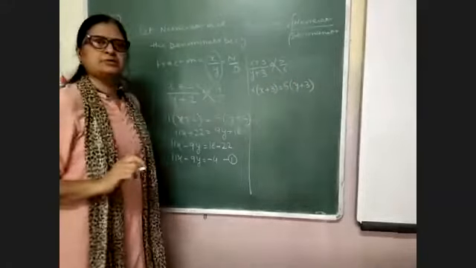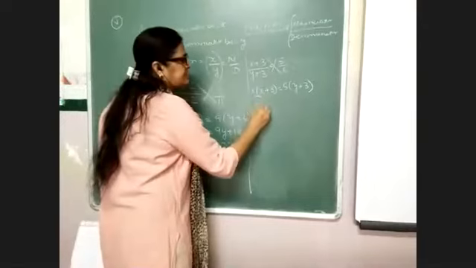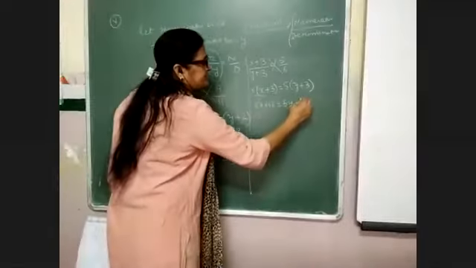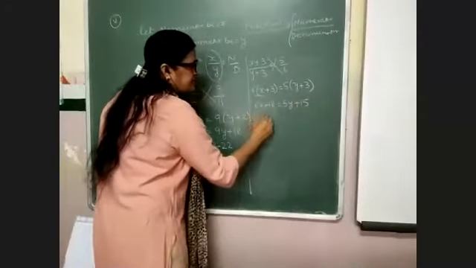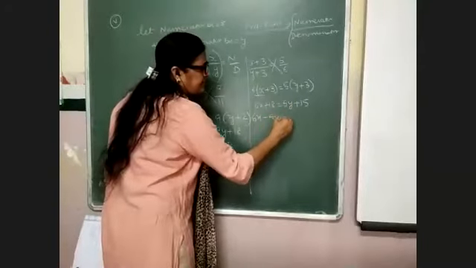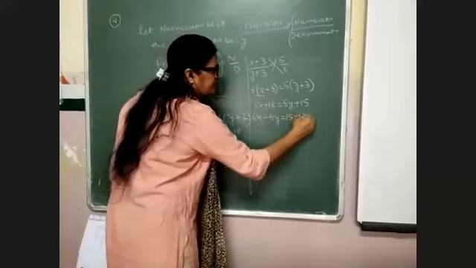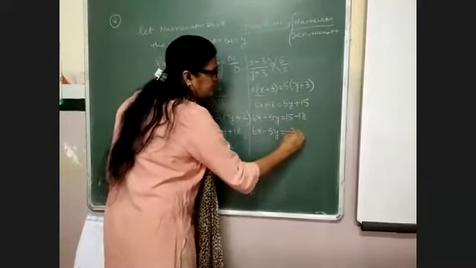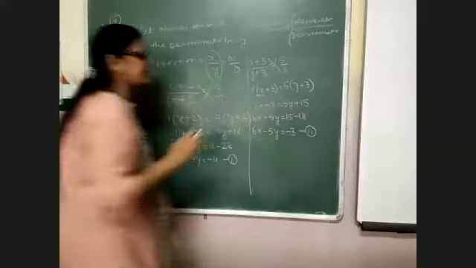So 6x plus 18 equal to 5y plus 15. So 6x minus 5y equal to 15 minus 18. Now 6x minus 5y equal to minus 3. This is your second equation.